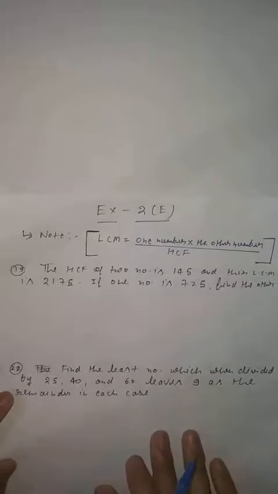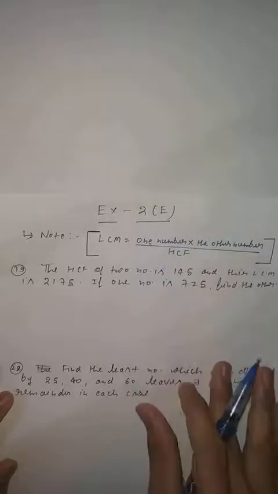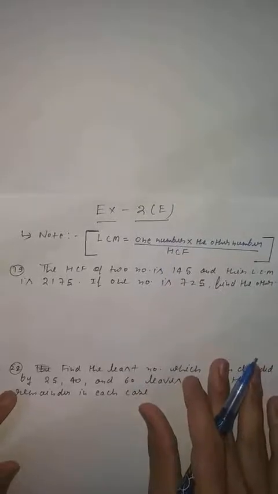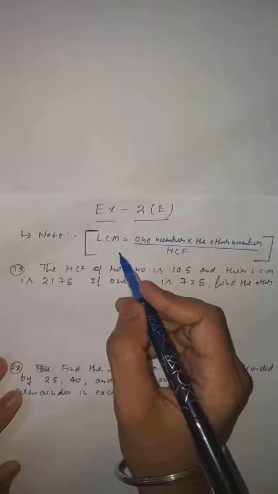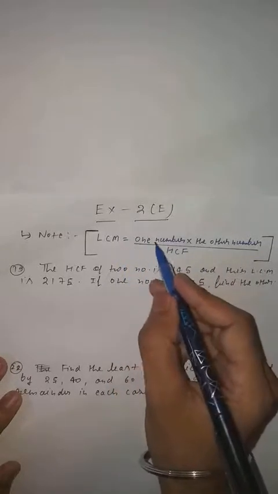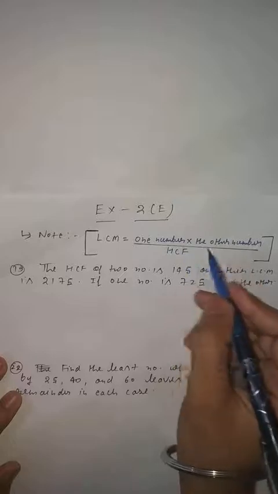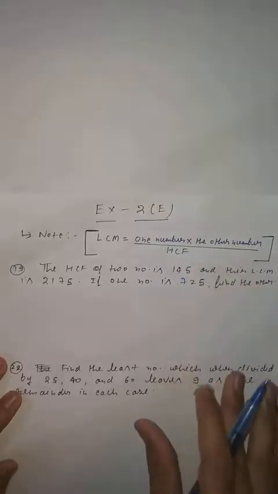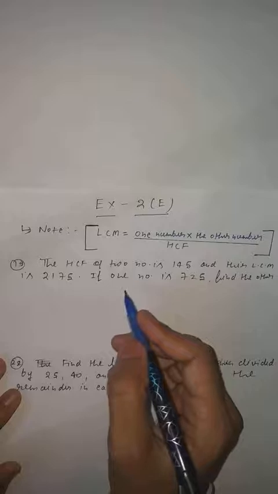Now students, our next exercise is 2e and one important formula. If you have to find out LCM, then LCM is equal to the product of both numbers, that is, one number multiplied by the other number, divided by their HCF. By one question I am going to explain.